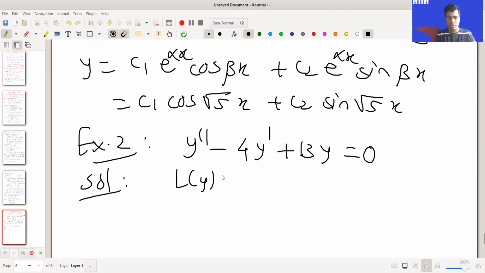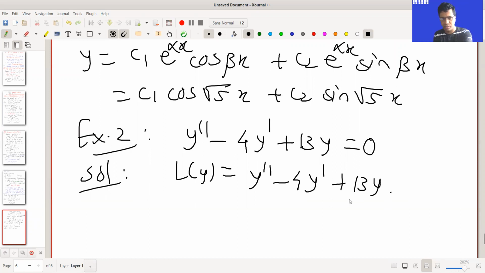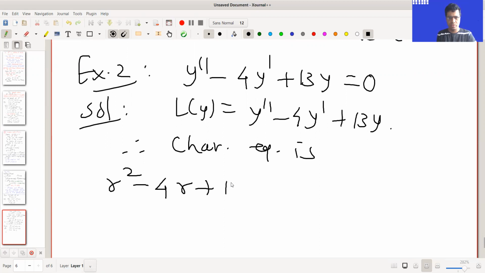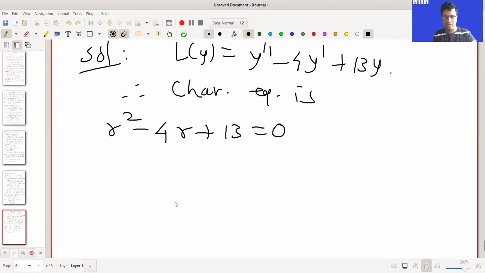So L of y is y double dash minus 4y dash plus 13y, and therefore characteristic equation is r square minus 4r plus 13 equal to 0. We have to find roots of this quadratic equation.